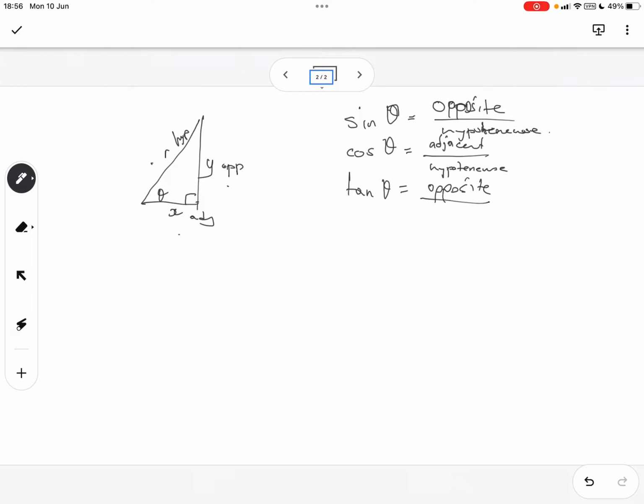We take the side adjacent to the angle. And then tangent is defined as opposite over adjacent. So we'll stick with these definitions for now.